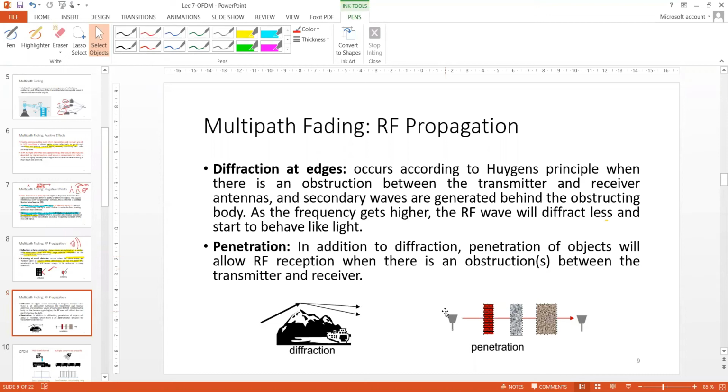Whenever a signal is penetrated through an object, the strength of the signal will decrease, and depending on the object, it will keep on decreasing if it keeps on penetrating objects. However, not all signals can penetrate objects, and not all objects allow signals to penetrate them. So depending on the type of objects and the type of signals transmitted between the transmitter and receiver module, the penetration effect might vary in different cases.